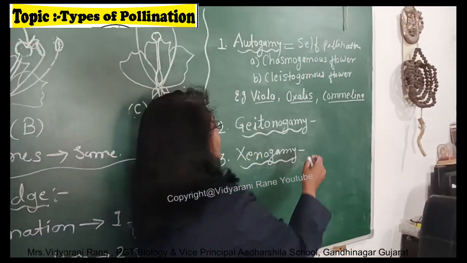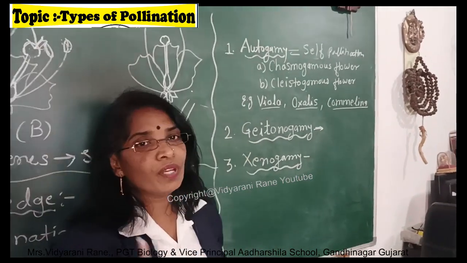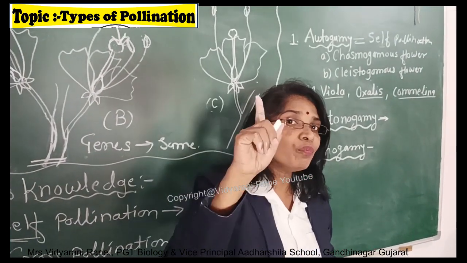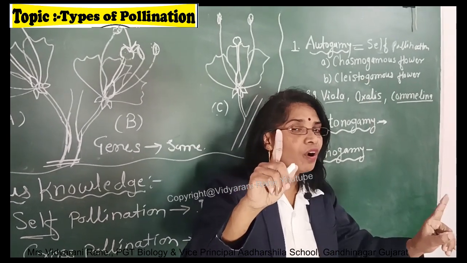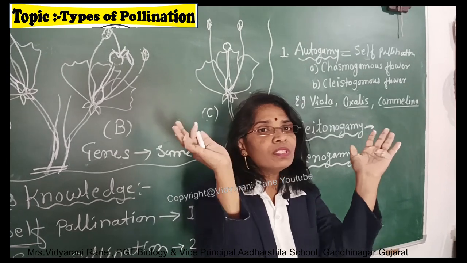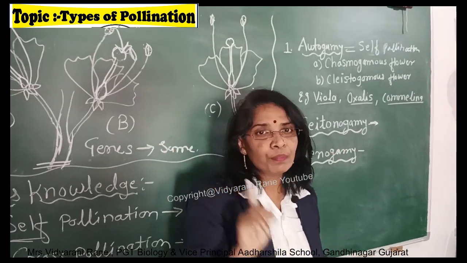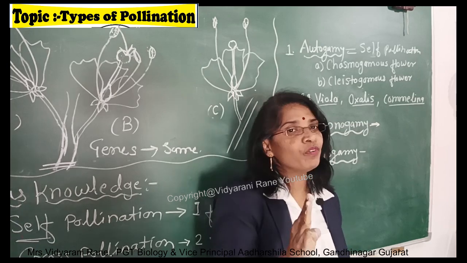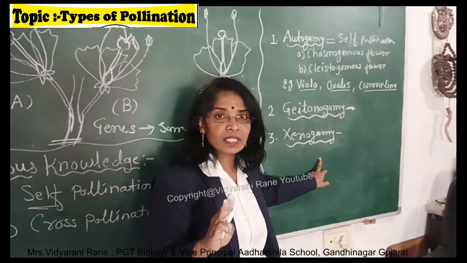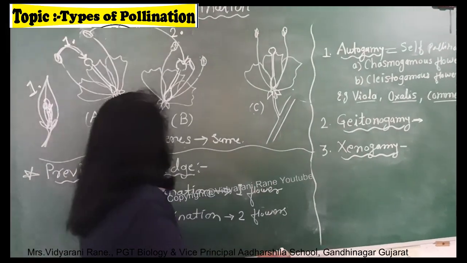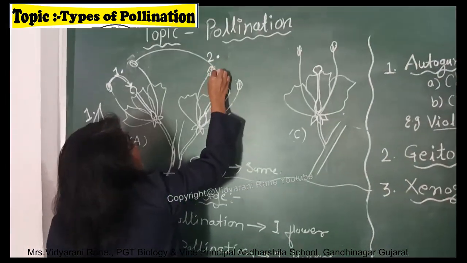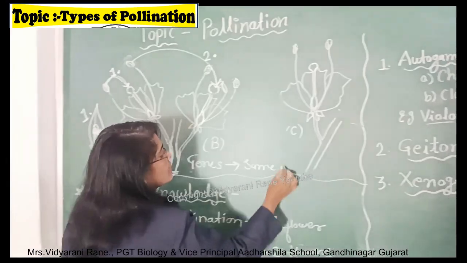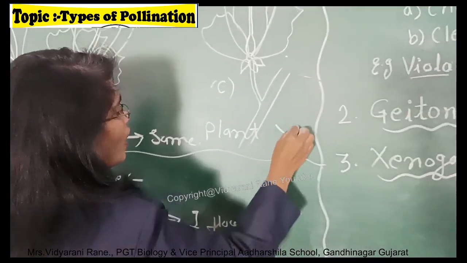So Geitonogamy is nothing but whenever the pollen grains are transferred from the anther lobe of one flower to the stigma of another flower, but both these flowers are on the same plant, then it is called Geitonogamy. And the third type of pollination is Xenogamy. In Xenogamy, what happens? The pollen grains of one plant, this is plant X and this is plant Y, right?